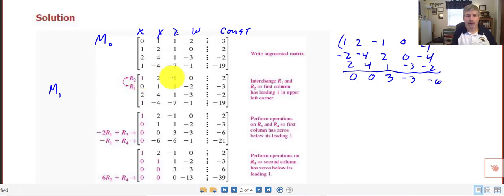So we have -1, -2, 1, 0, and -2, and add these together, so that becomes 0. -2 and -4 gives us -6. +1 and -7 gives us -6. And -2 plus -19 gives us -21. So we have done that. Now we've got another 0 here.